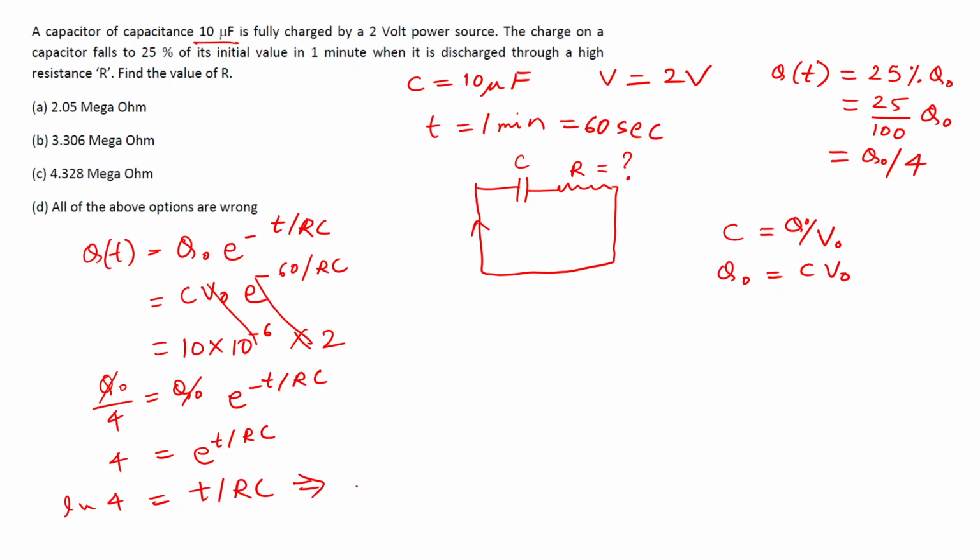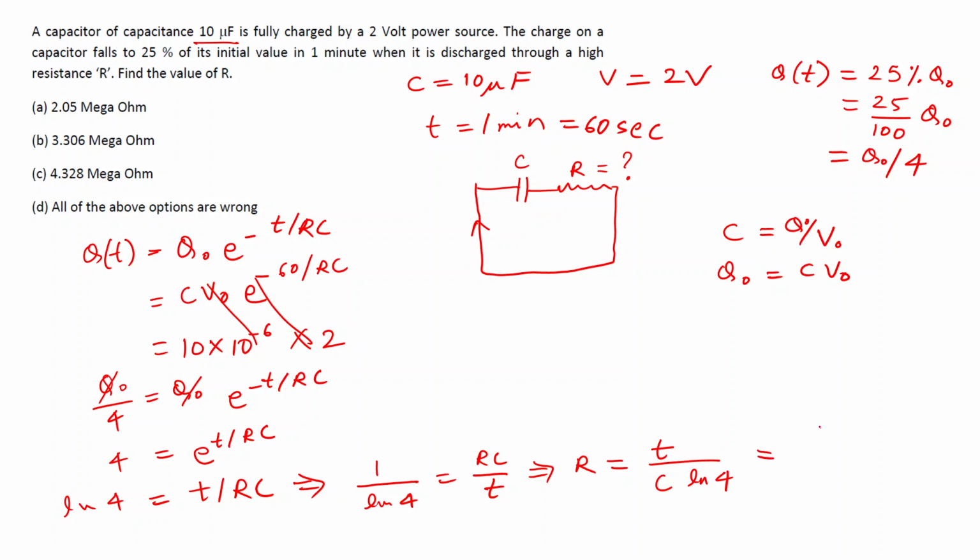From here again I'll take the reciprocal, so it will be 1 over natural log 4 equal to RC by t. Since we need to find R, we'll send everything to the other side. R will be t divided by C times natural log of 4.